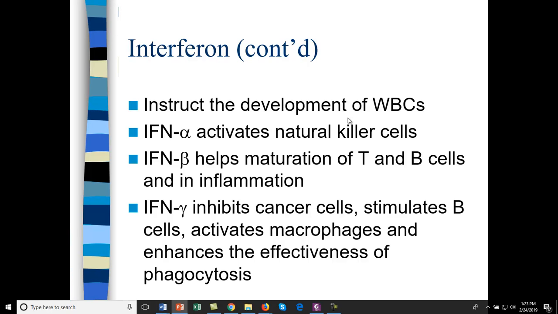Interferon gamma is preventing them from proliferating. This will stimulate B cells, activate macrophages, and enhance the effectiveness of phagocytosis. So interferon gamma has a wide variety of roles. You do not need to know all these different roles, but you should know that interferon is essential. It's one of the essential small proteins that regulates the immune process.